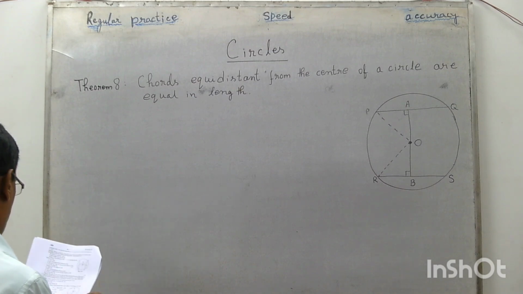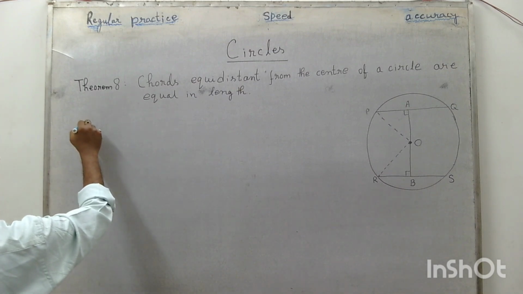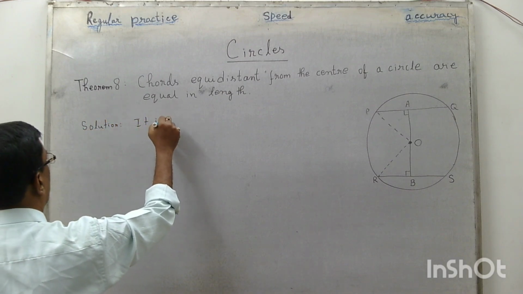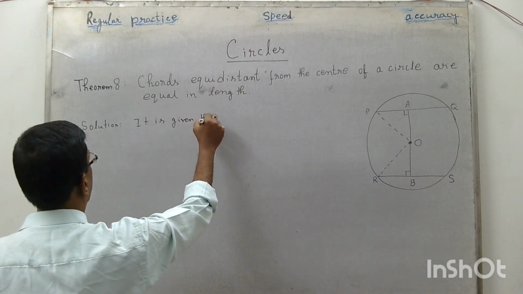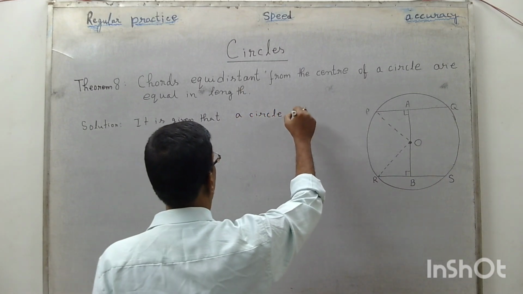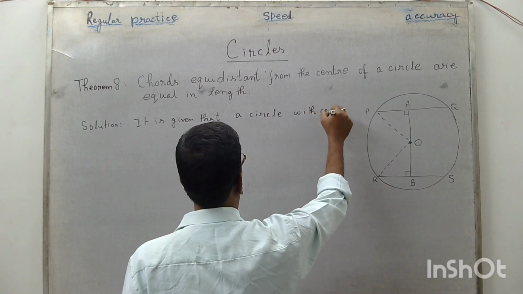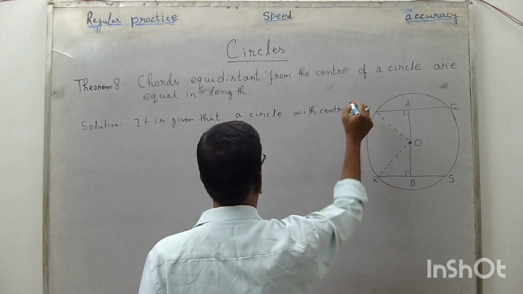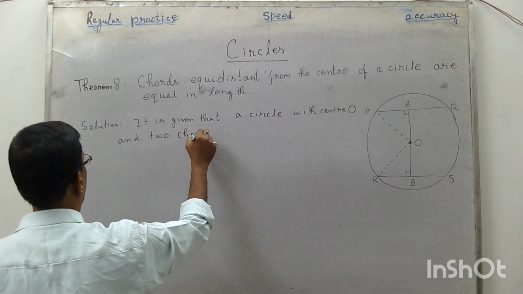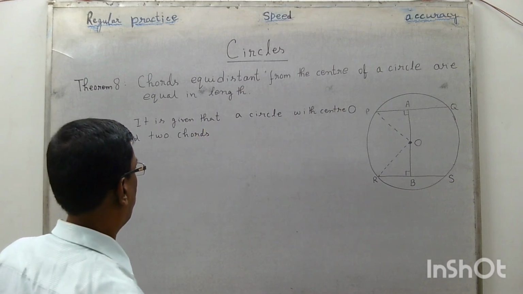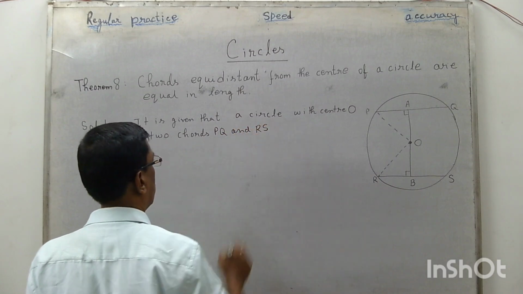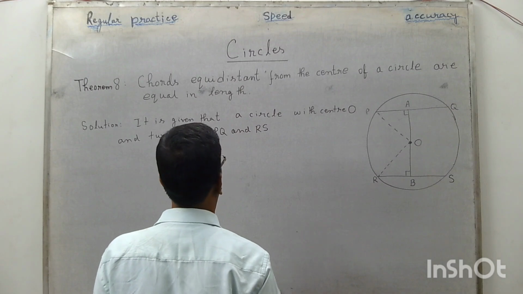तो पहले लिखेंगे सॉल्यूशन. It is given that a circle with center O and two chords PQ and RS are there.